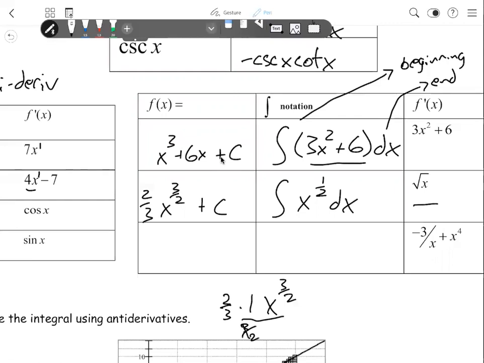So I have 1 times 2/3, which gives me just 2/3. Does that make sense? So in other words, anytime your coefficient is 1, you're just going to take the exponent and flip it and multiply by the reciprocal.